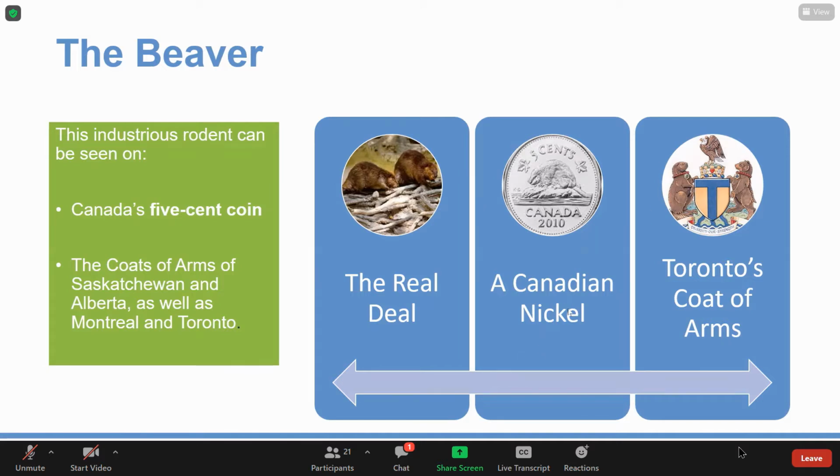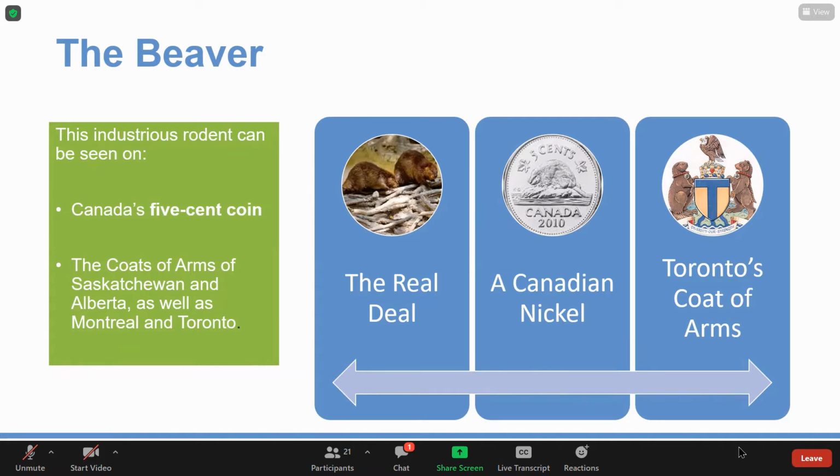If you have a 5 cent, it's on the 5 cent. And it's also on the coat of arms for Toronto. So this is a symbol of the city of Toronto, and they have the beaver. Canada has 2 lions, the one that we've seen before, but this one for Toronto is a beaver.